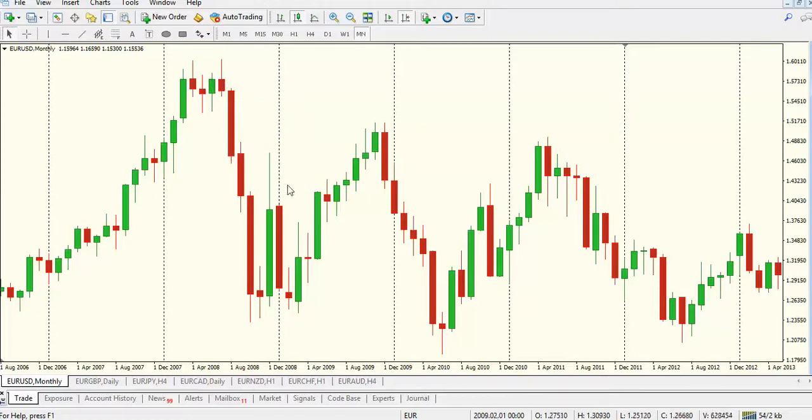Now when we come to the fractal low, this one is a very nice one. Of course there are some here too. You can see 1, 2 and 3. This is the left candle, this is the right candle, and this is the middle one, which created the low.